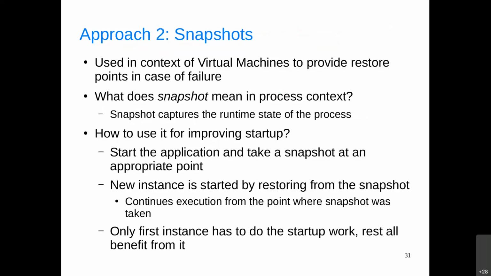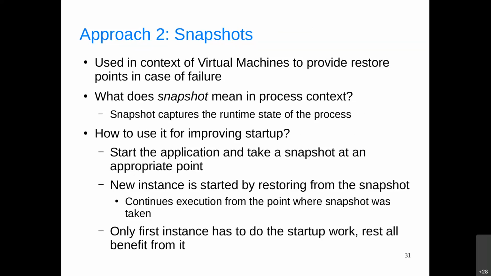So another approach that we can use to improve the startup time is based on snapshots. Snapshots have traditionally been used in virtual machines and in operating systems to create restore points, so that if a failure happens, then we can go back to a working state.